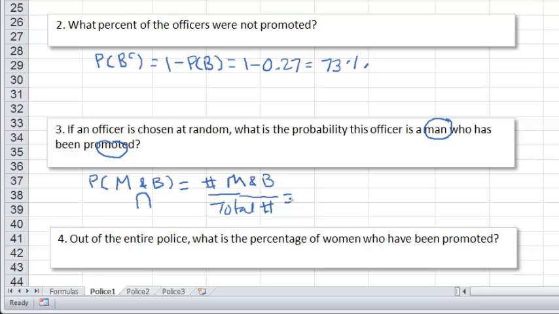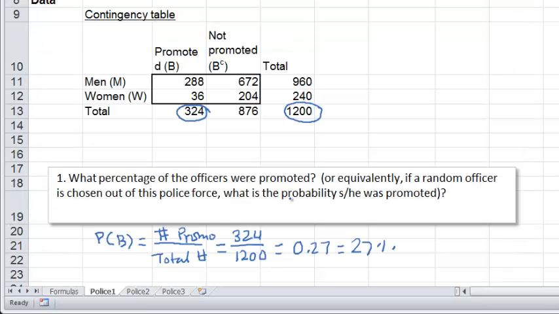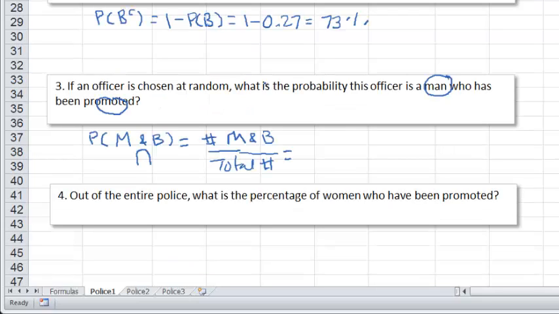Okay, so let's get the data up here. Men and have been promoted, so that's here. 288 people meet both conditions, and we divide that by 1200. So 288 divided by 1200, and that gives us 0.24. So 24% or 0.24 for the answer.